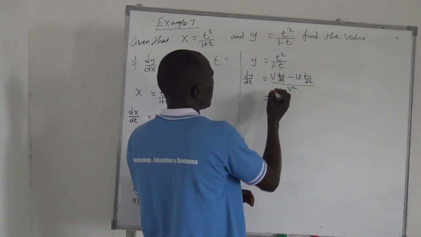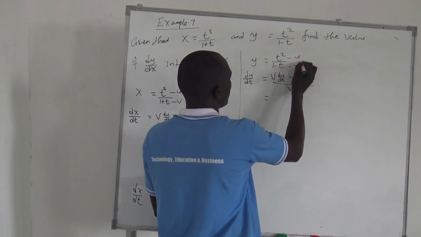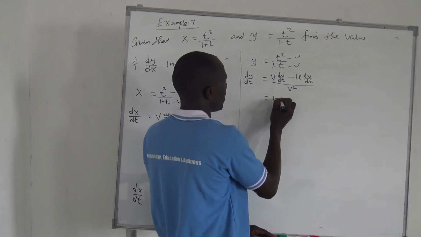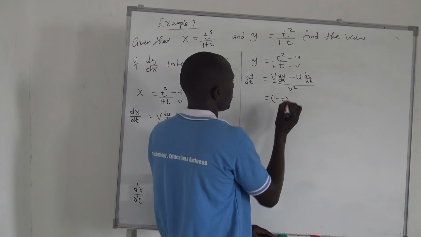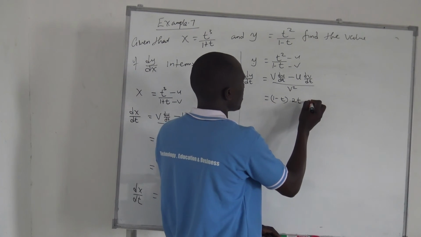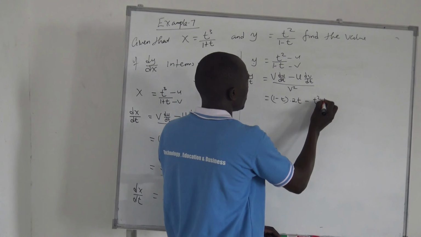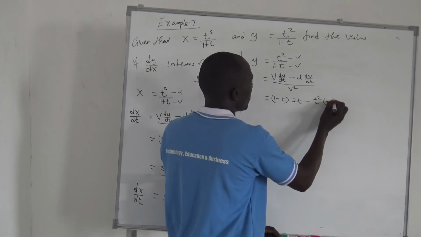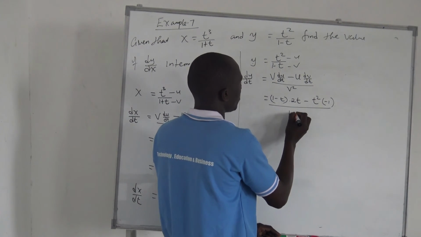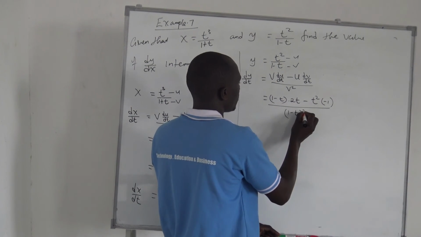This is u, this is v. What is our v? 1 minus t, times. What is du/dt? You are getting 2t, minus. What is our u? t squared into -1, all over. What is our v? 1 minus t, the whole of it squared.